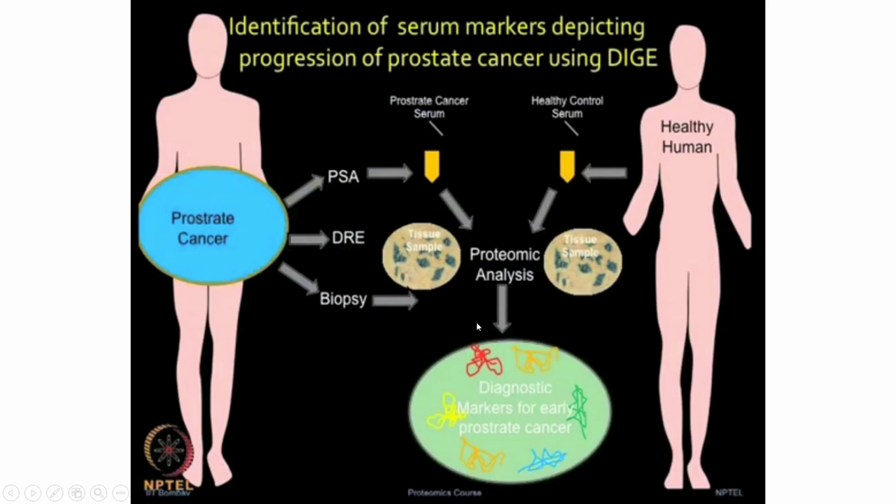You will mix them and do the proteomic analysis. There are people who have done it using tissue samples as well. So this is one specific protein which people try to check, and whatever DIGE methodology we talked about can be performed, and diagnostic markers for early prostate cancer can be identified using this technique.